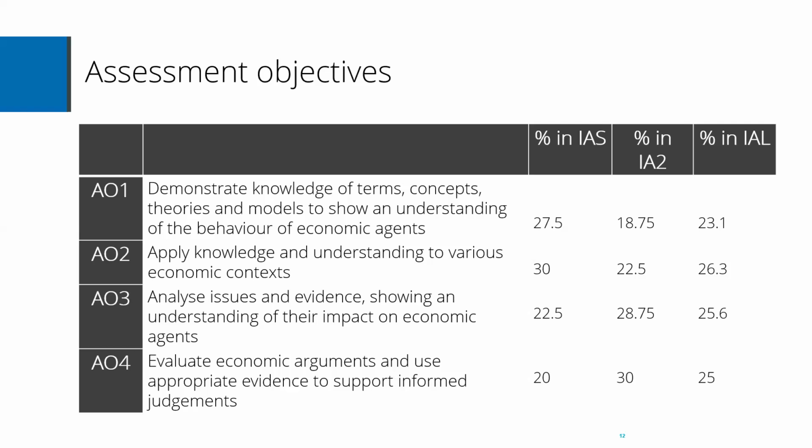So you can see that they switch over, the weighting is higher in the A2 units for AO3 and AO4. Broadly speaking, if you look at that overall percentage in the A level, it's roughly 25%, slightly more, slightly less in some cases, but you can see they're all vitally important. So all those skills are needed to do well in the qualification.